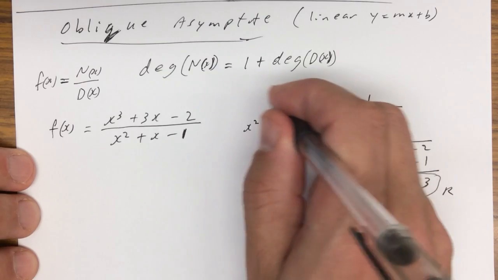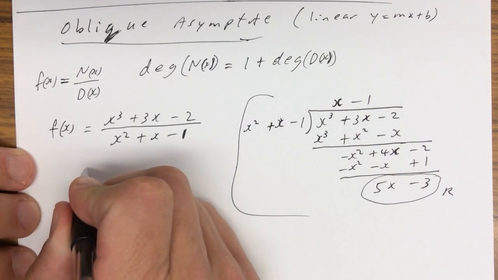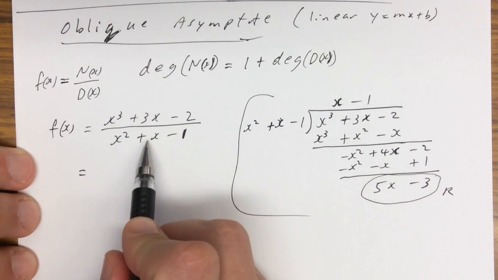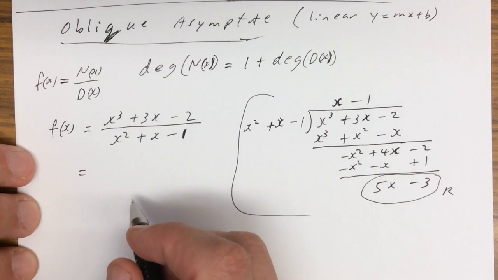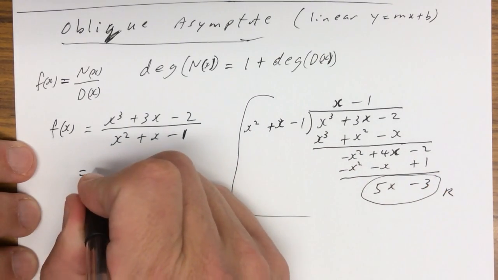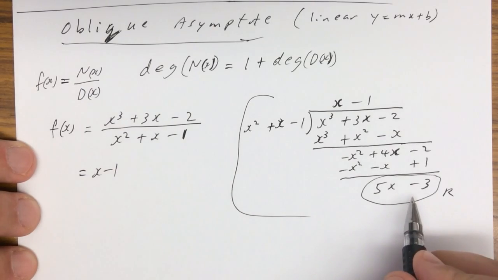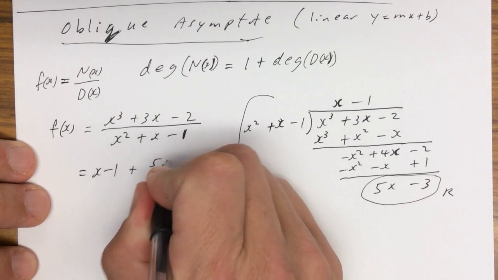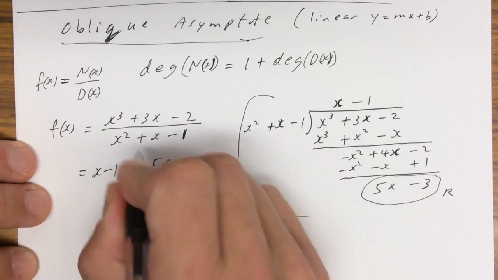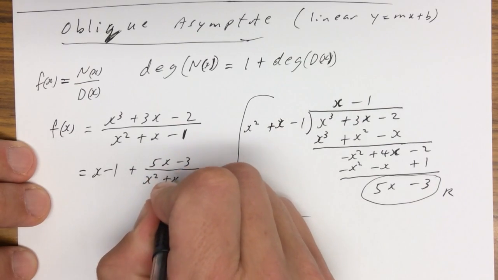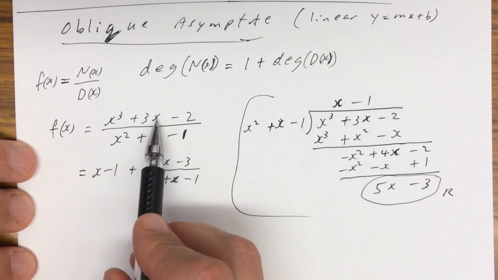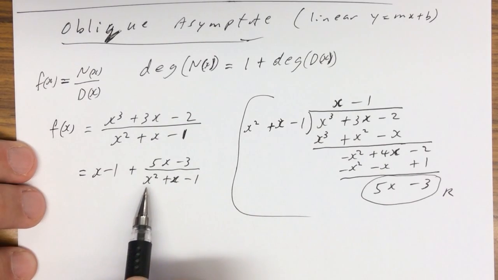Okay, so basically now we can take this information over here and rewrite this function. When you divide these two, the answer is x minus 1. But then we have this remainder. And what do we do with the remainder? We go plus 5x minus 3 over the divisor, which is x squared plus x minus 1. If this function equals this, then what happens as x goes to infinity?